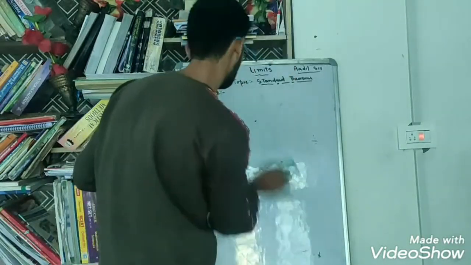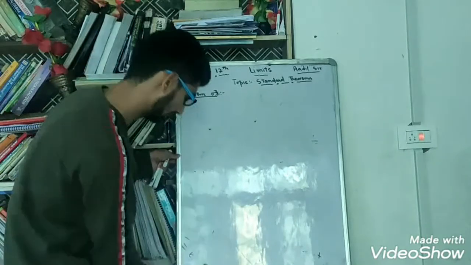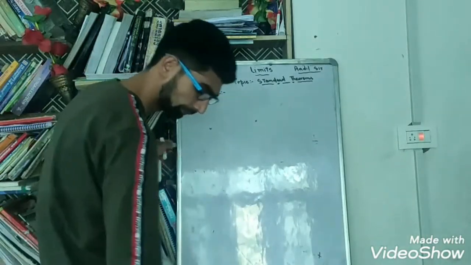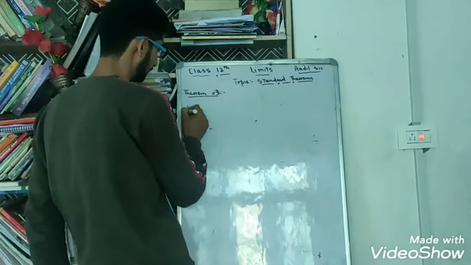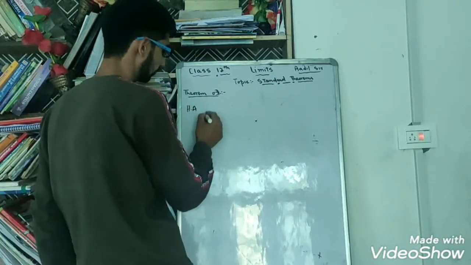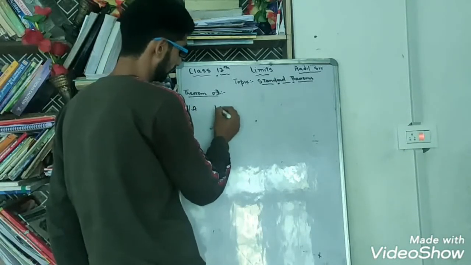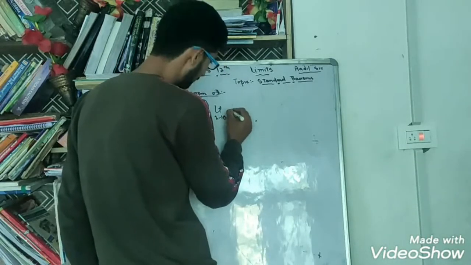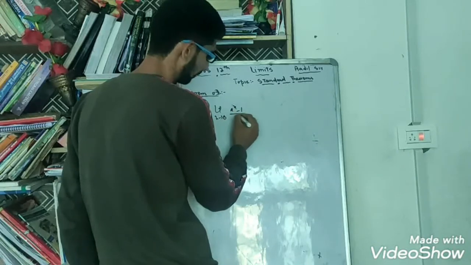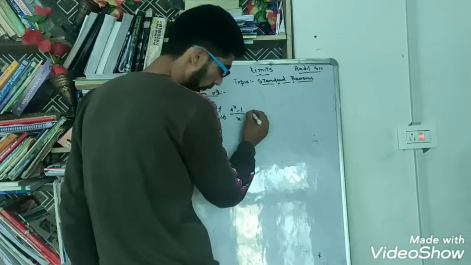You have to solve that, and that will be our final theorem now. This is a theorem, but you have to do it at home. That is, limit x tends to 0 of (a^x - 1)/x is equal to log a.